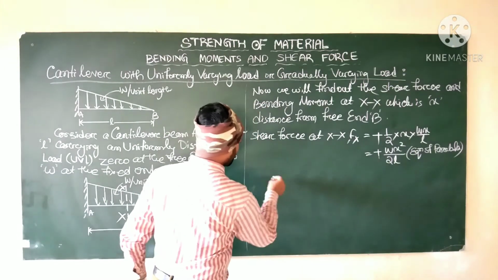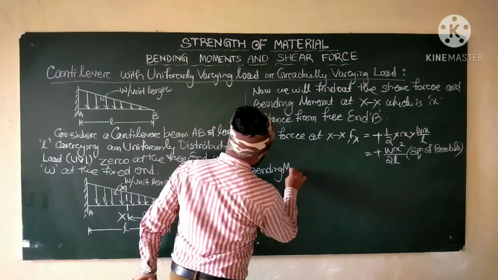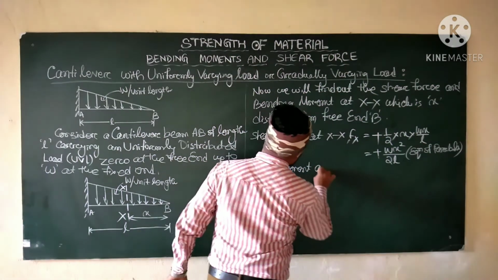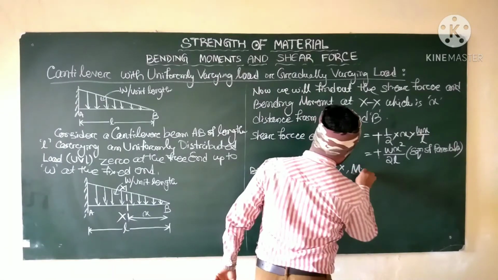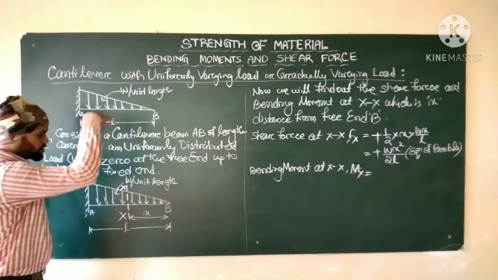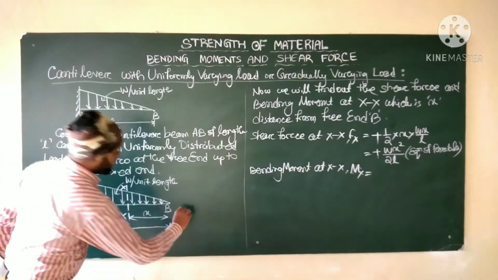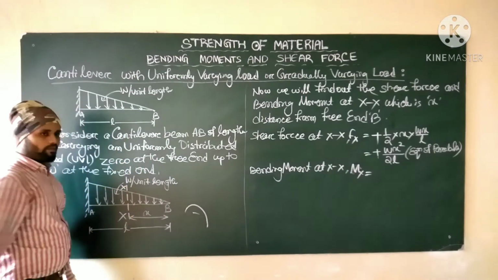Now, after shear force, bending moment at XX, that is Mx, equal to. Here we will see, due to the uniformly varying load from the upward, the beam bends like this. That means negative bending moment.